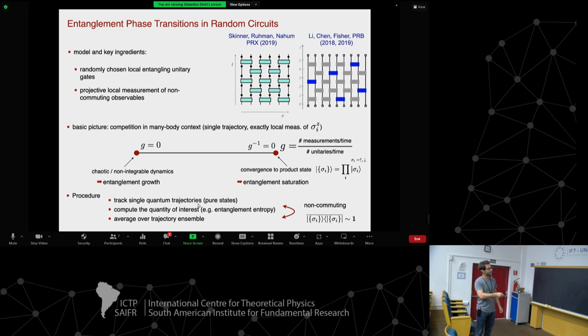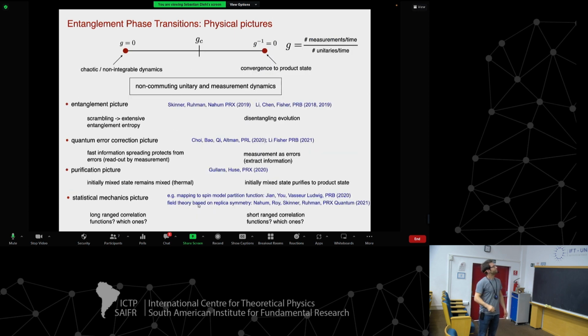Then one computes the quantity of interest, for example, the entanglement in the system. We'll define this again. And then you average over the trajectory ensemble. I want to explain later on precisely why these are non-commuting procedures and why it is important to analyze it like that. Okay, good.